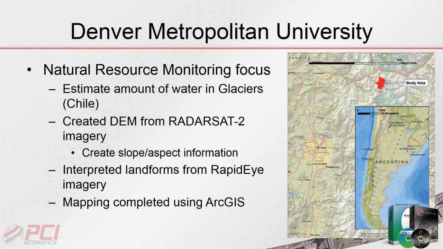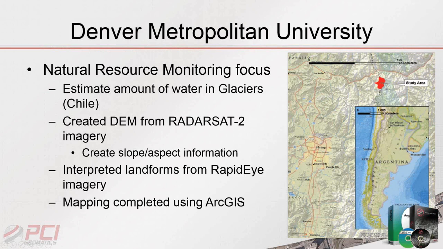So they collected RADARSAT-2 imagery from MDA. They were able to calculate elevation models, slope and aspect information using ArcGIS and Geomatica. They also did some interpretation of landforms on the RapidEye imagery. So you can see here, this is their study area in Chile, and they used both Esri and PCI software to perform their analysis as part of the Imagery Grant Program.